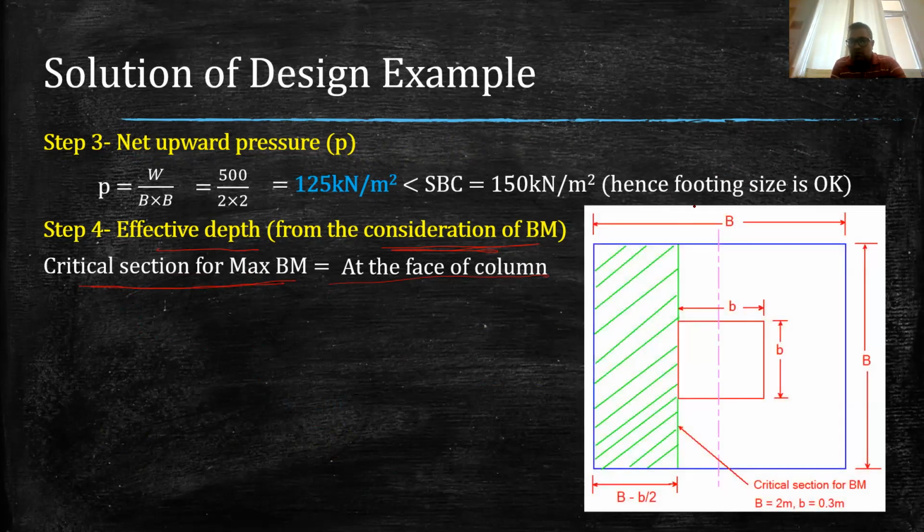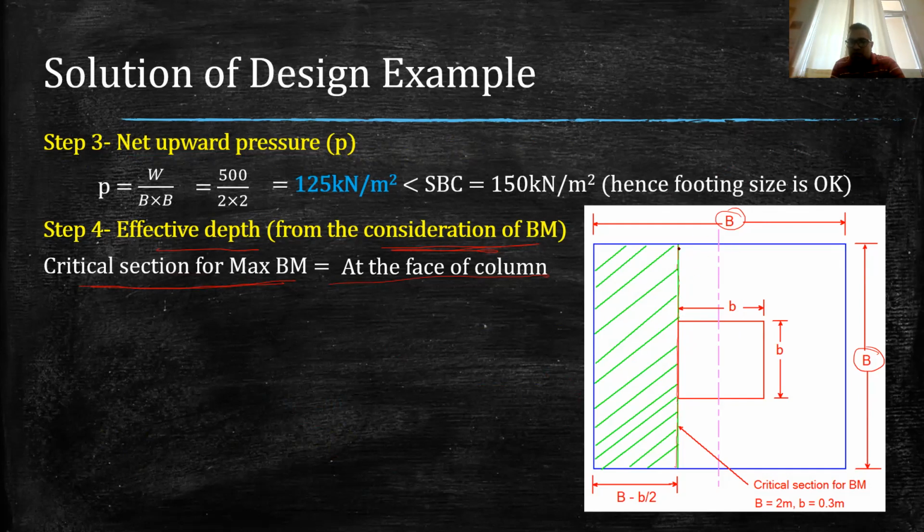So this is the plan of the footing with dimension B by B, and small b is expressing the dimension of the column. So here the critical section for the bending moment will be along any one face of the column, because all four faces are equal. So therefore we can consider any one face and pass the critical section. So this is basically the critical section of the bending moment.